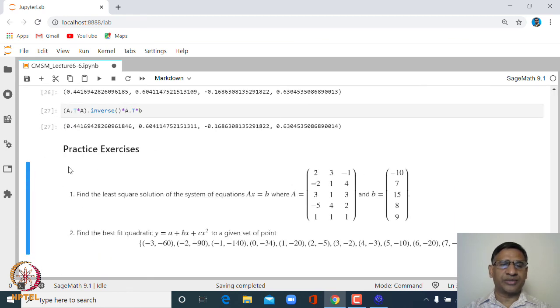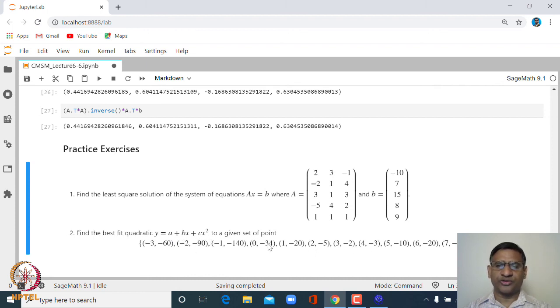Okay. Now let us look at some exercises, just two exercises here. Find the least square solution of this system of linear equations, which is 5 equations in 3 variables, where B is this vector, and find the best fit quadratic y equals a plus bx plus cx square to a given set of points.